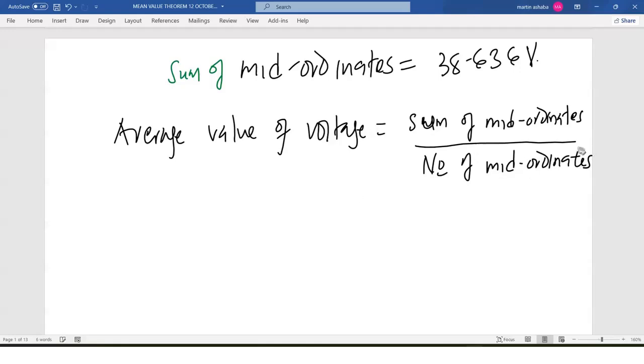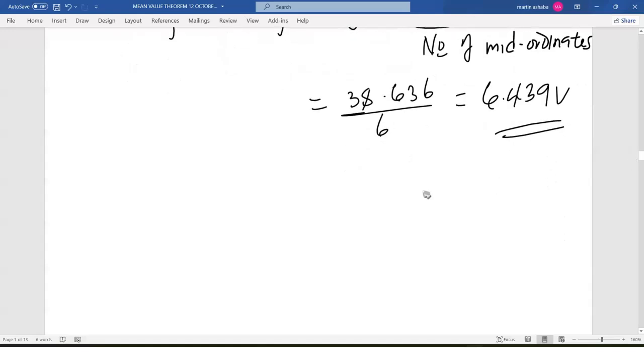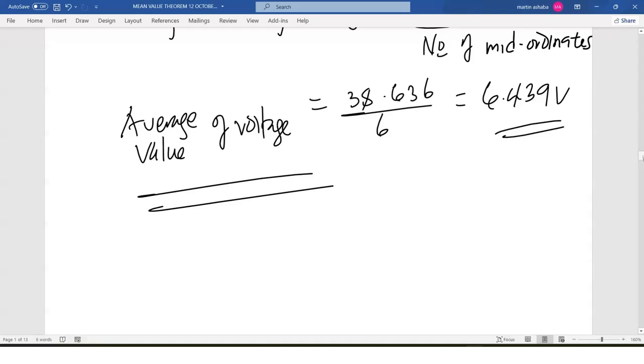As we established earlier, this gives us 38.636 divided by the number of mid-ordinates, which is 6, and this gives us 6.439 volts. So that is the average value of voltage as required above.